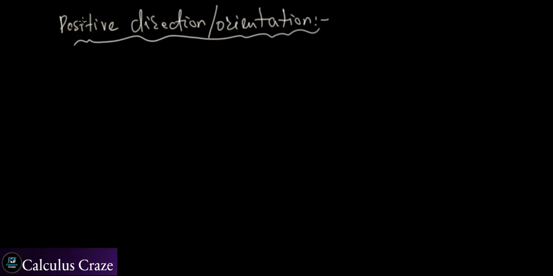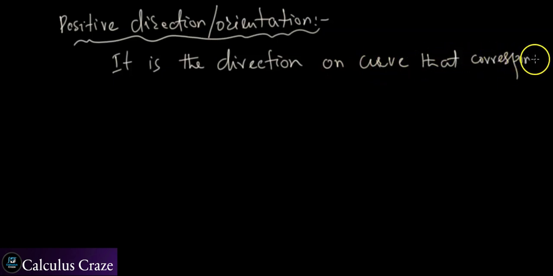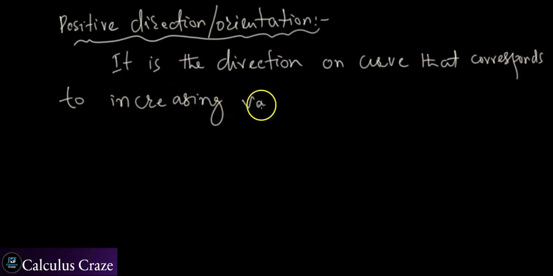We define the positive direction on a contour to be the direction on the curve that corresponds to the increasing values of the parameter t.